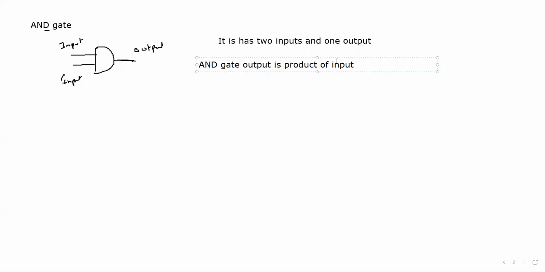So AND gate output is a product of the input. When we are finding the output for AND gate, for example, this is AND gate where two are the inputs. If we have 0 and 0, what will be the output? 0 multiplied by 0.